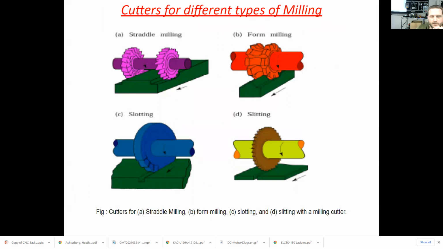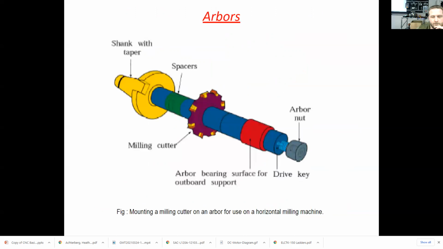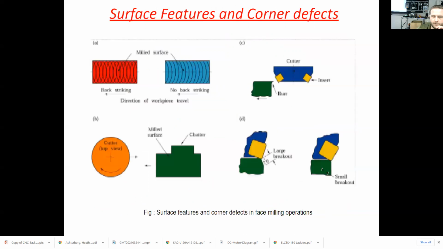Ooh, straddle milling, slotting, slitting, and form milling. That's cool. T-slot. First cut, second cut. This is all just kind of for your info if you guys want to go back through and learn more about this stuff.